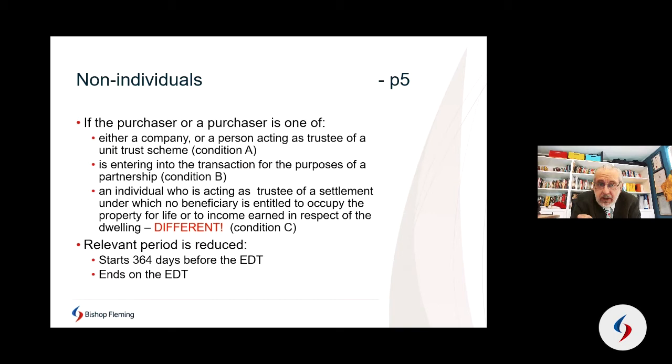It's no longer 2 years straddling the effective date of transaction, it's 1 year up to the date of the effective transaction. If that non-individual has not earned their UK resident status by the effective date of transaction, then they won't earn it. There's no refund process when you have a non-individual purchaser.